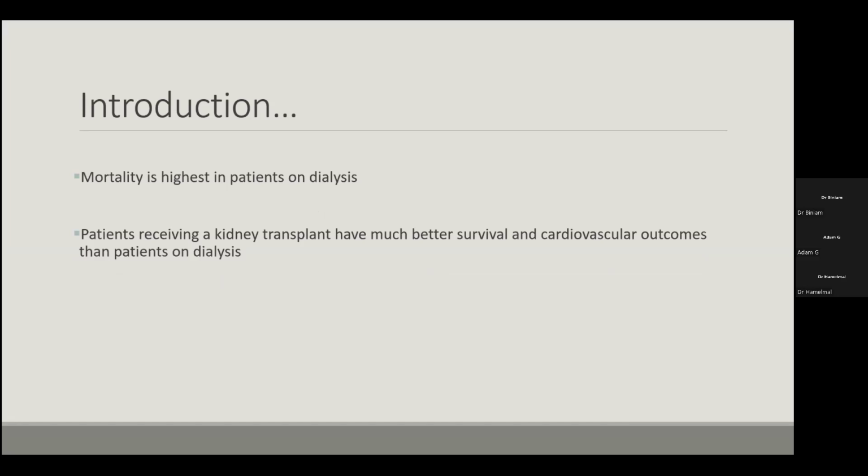So mortality is highest in patients with dialysis, obviously. So patients with dialysis have very high mortality, especially those patients with diabetes have the highest mortality. Patients with polycystic kidney disease and glomerular disease have lower mortality. So patients receiving kidney transplant have much better survival in cardiovascular outcomes than patients with dialysis.